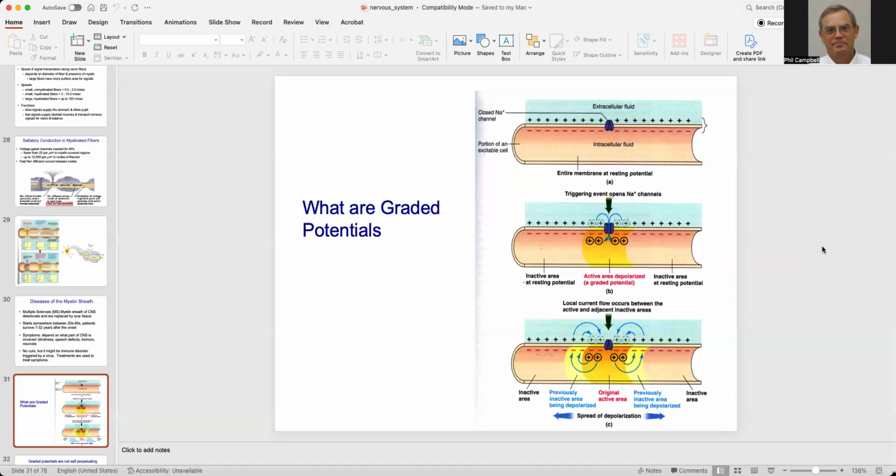Now, when you look at them, basically we have all our charges lined up along this axon. And when we have a triggering event, whatever it may be, happening here, that will result in a local displacement. That means we will initiate this neighbor-to-neighbor activation, but we don't have all of these voltage-gated channels lined up neighbor-to-neighbor.